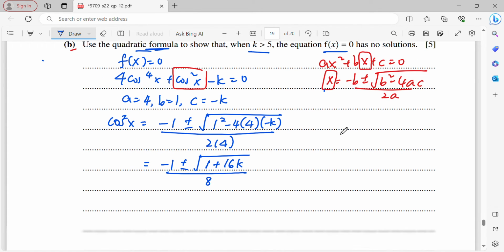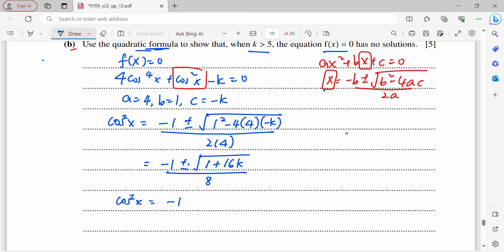Now, from here, we cannot accept the minus sign, because if you accept the minus sign, you will be getting a negative value for cos square x. So from here, I know that cos square x is going to be minus 1 plus square root of 1 plus 16k, over 8.